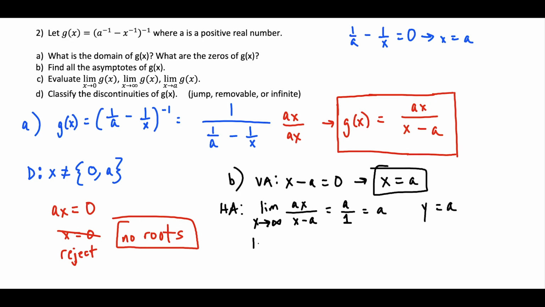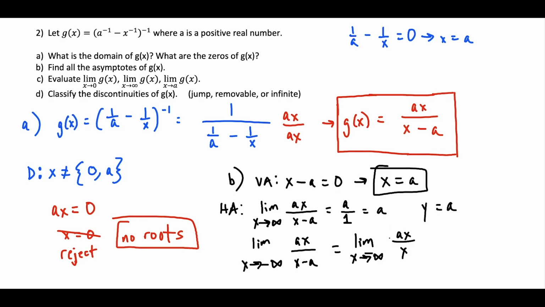But just to be safe, we're also going to check the limit as x goes to negative infinity. But notice here, when we evaluate this limit, it's the same process. If we use our rational function theorem, there's no special name for it, but the conclusion of this theorem says that when you have a rational function going to infinity or negative infinity, you really just have to look at the leading terms.